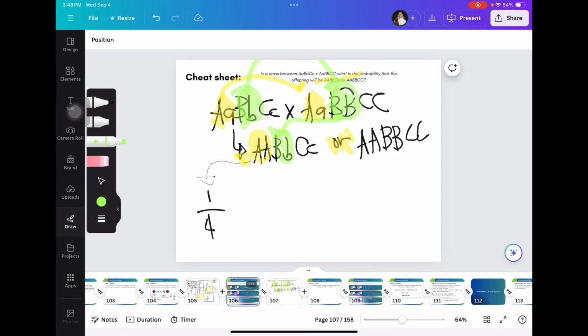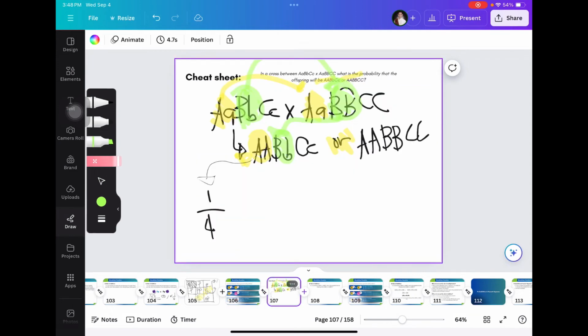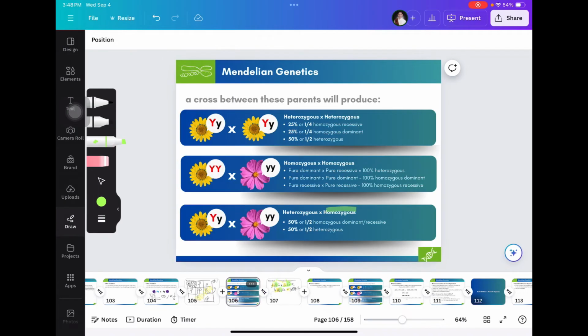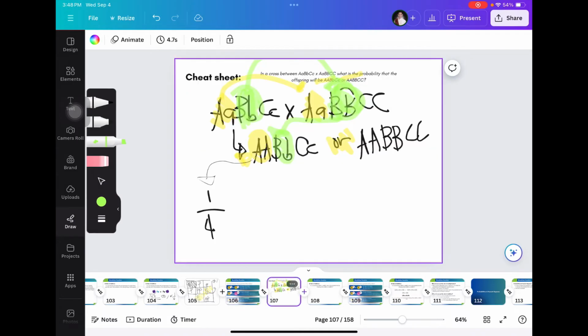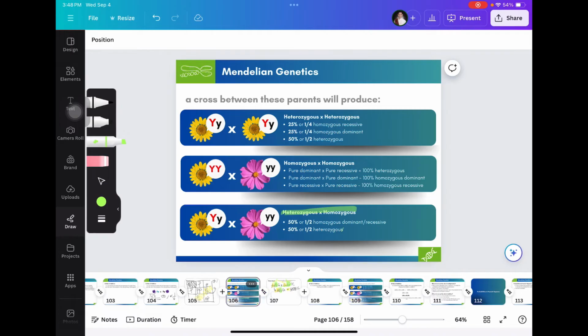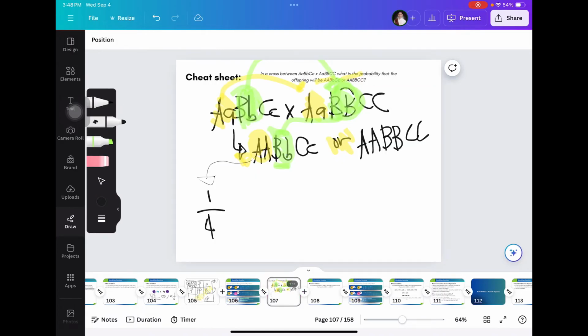Now let's look that up in our cheat sheet. So this is a cross between heterozygous and homozygous. So hetero times homo, which is technically this one. And what are the odds that the offspring would be heterozygous? The answer is 50% or 1/2. So I'm just going to write it down in this one, 1/2.